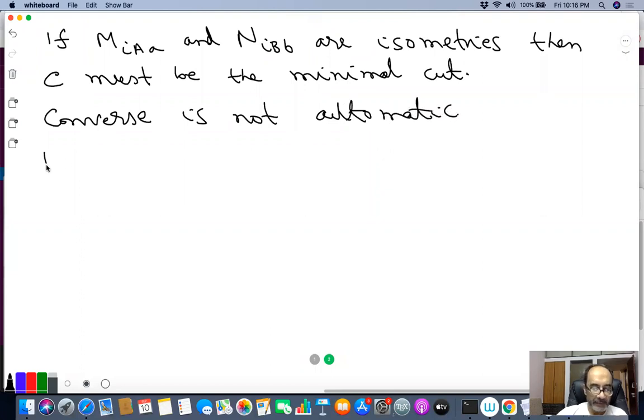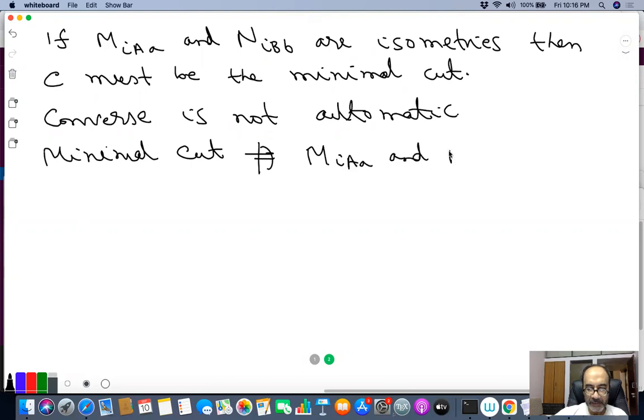Namely, a minimal cut does not imply that M_{IAA} and N_{IBB} are isometries, because there may be no cut for which this bound is saturated.